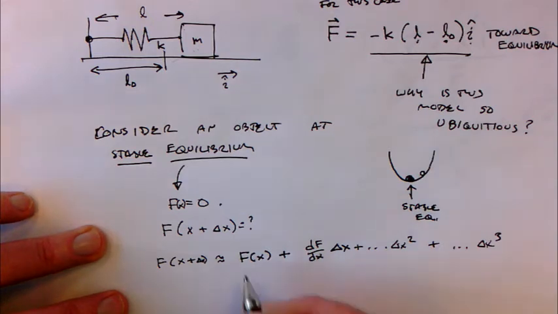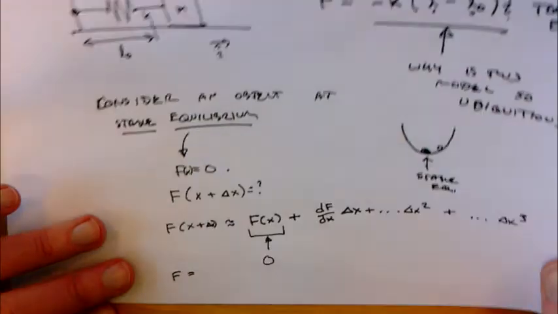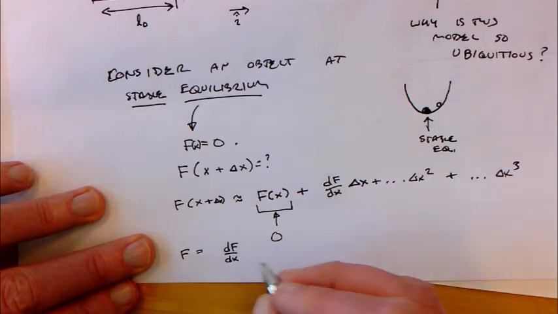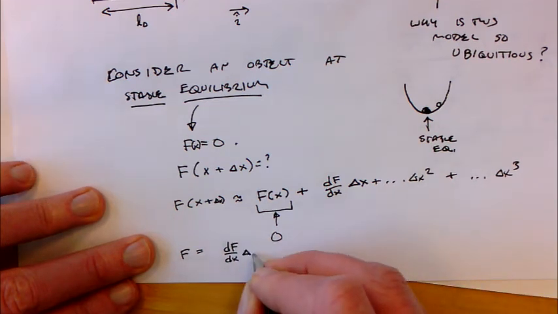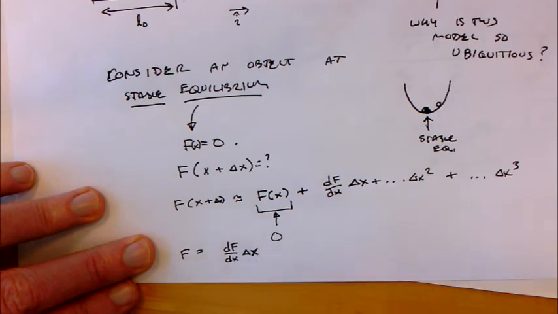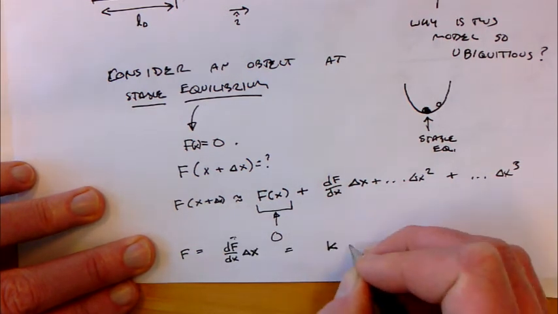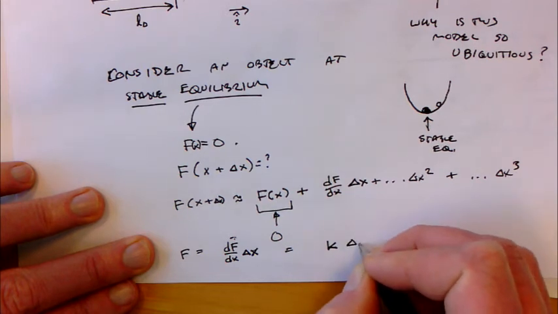But I know that the force at the actual equilibrium point is 0. So that means that whenever I displace from equilibrium a little bit, the first term in that force is dF by dx, some constant, times delta x. In other words, it's k times delta x.